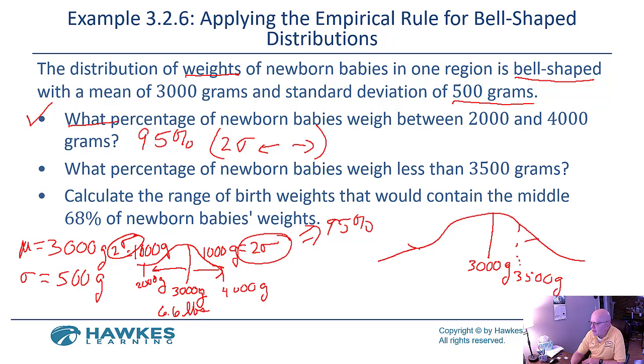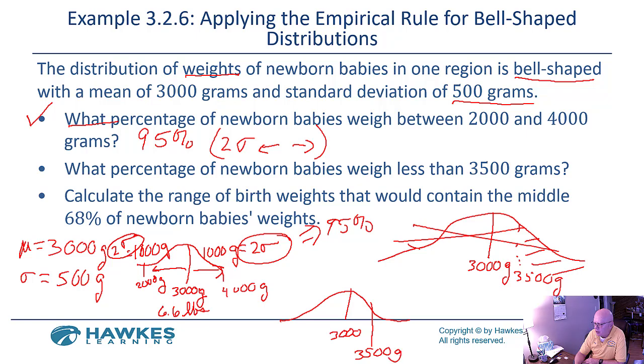I have to redraw that. Scratch that. Here's our new picture. It looks a little better anyway. So here's 3,000 grams at the center. And here's our 3,500 grams. And we want what is less than 3,500 grams.